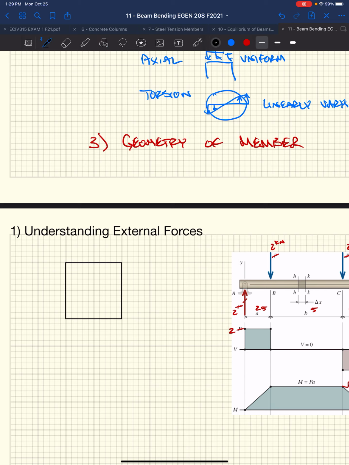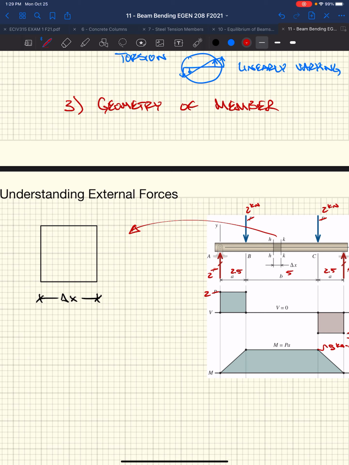So we have this section of beam that we pulled out.